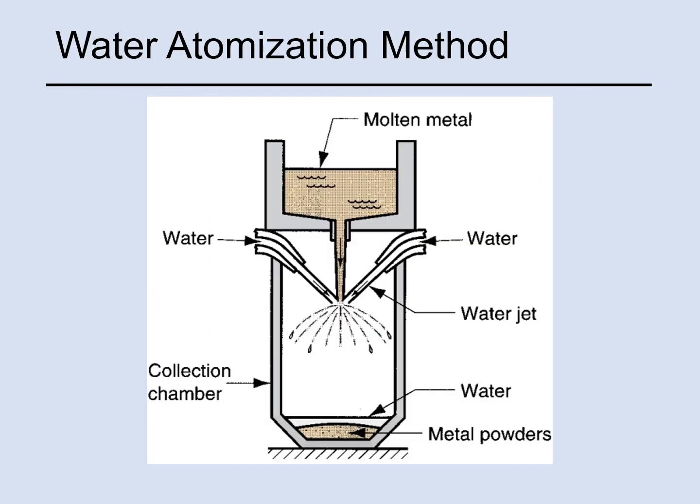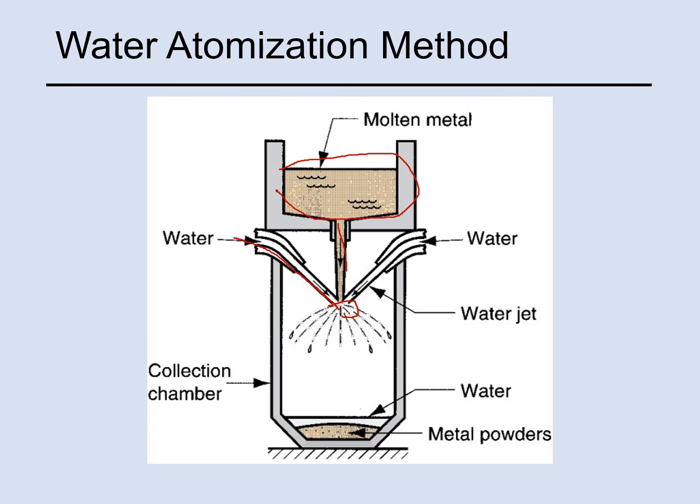The next process is called the water atomization method, and instead of gas, here we have water that will be spraying at this point. We have the molten metal located up here.